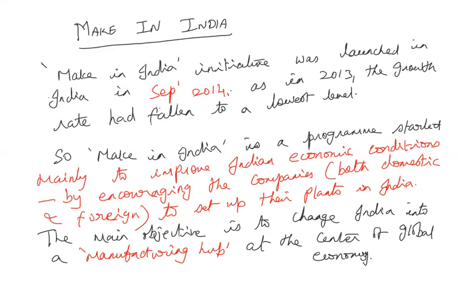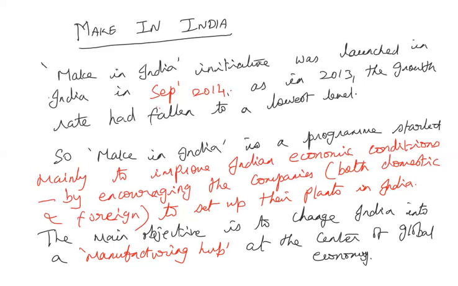So many foreign companies have also entered our country to set up their own plants because of the facilities and the encouragement given by the country. Apple has started their plant in Bangalore, and instead of importing certain commodities from other countries like China, now we are manufacturing on our own.